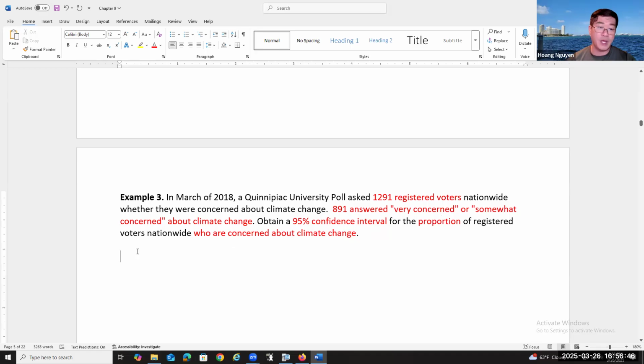So before we move on, we need to check the condition, right? So what's gonna be the condition? Okay. So make sure that you double check the condition before we actually work with the confidence interval, right? Okay. So what's the first condition then? The first condition is simple random sample.